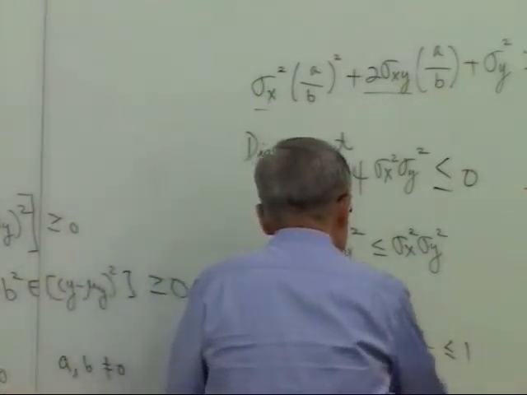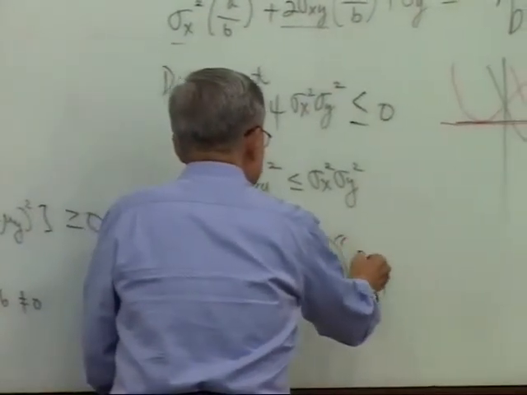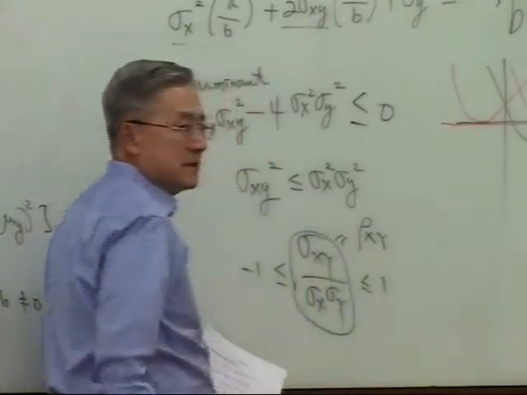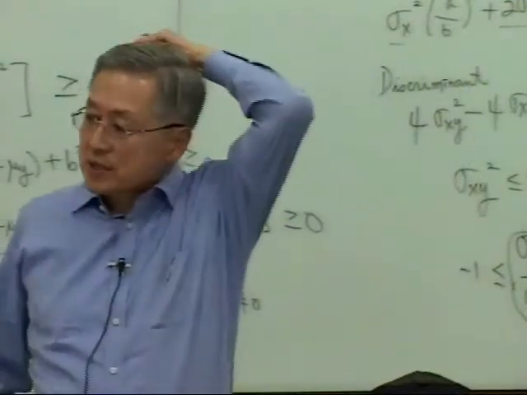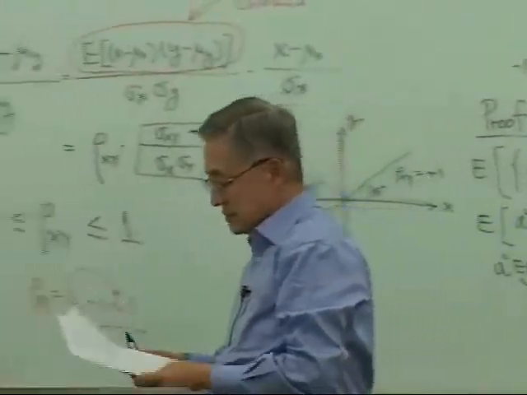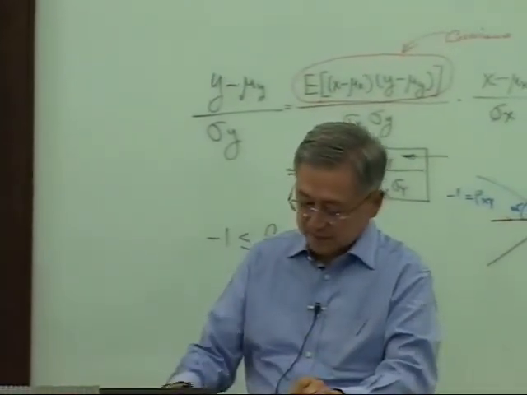So this guy, what do you call this? Rho xy. So the bound of the correlation coefficient is like that.